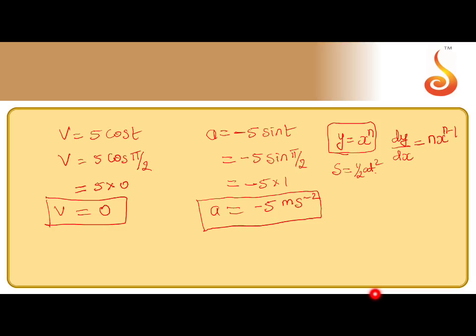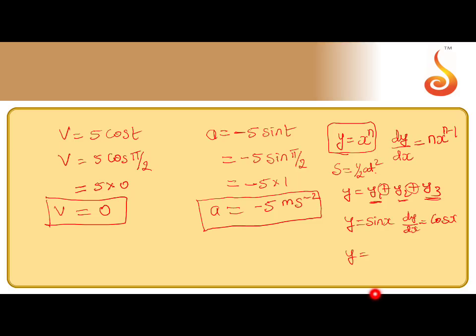The second function is if y is equal to y1 plus y2 plus y3, then you will differentiate this, differentiate this, differentiate this, and add if there is a positive sign. Then if y is equal to sin x, dy by dx is equal to cos x.